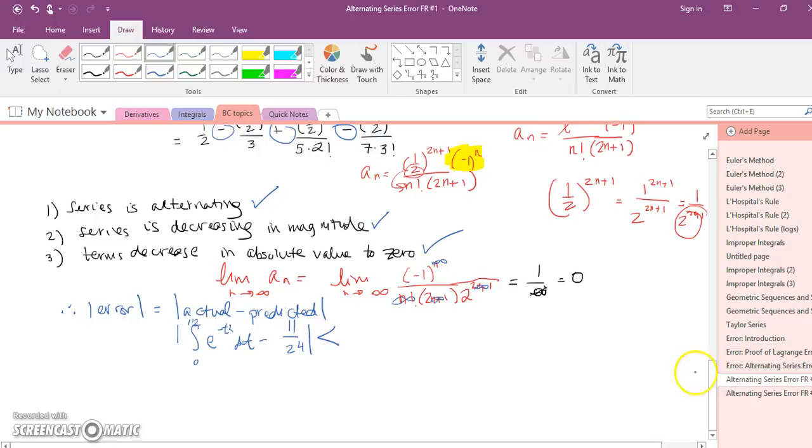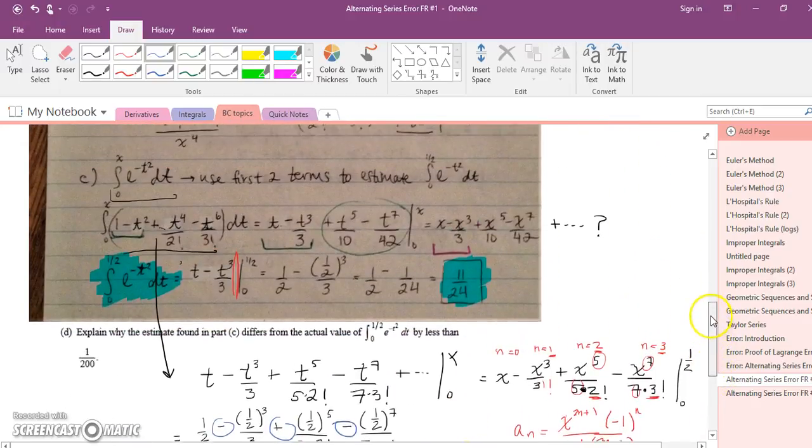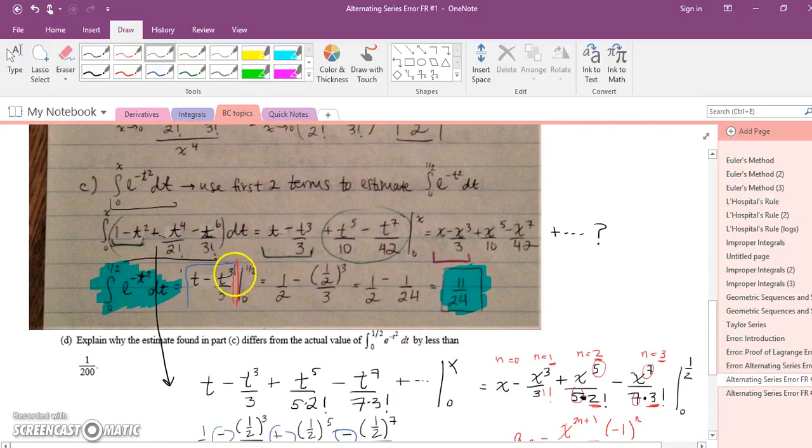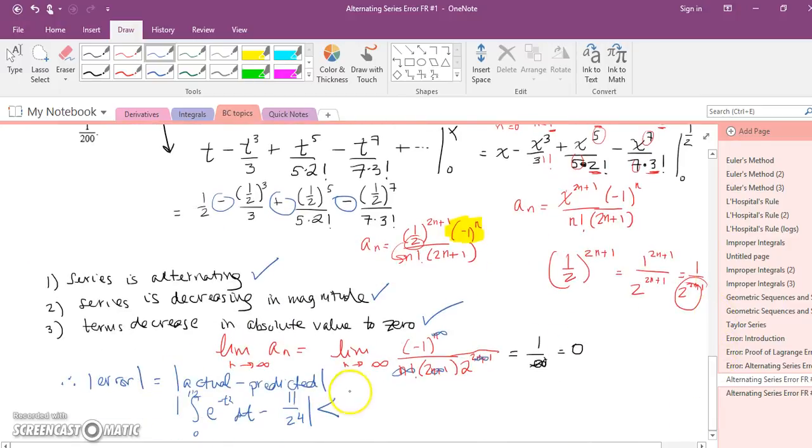So it's going to be less than the next unused term. So let's go to our prediction. Our prediction was up to the 3rd degree, which is right here. That means we cut off all this stuff, but this is the first cut off one, x to the 5th over 10. And we plugged in a half to everything, so that'd be 1/2 to the 5th over 10.